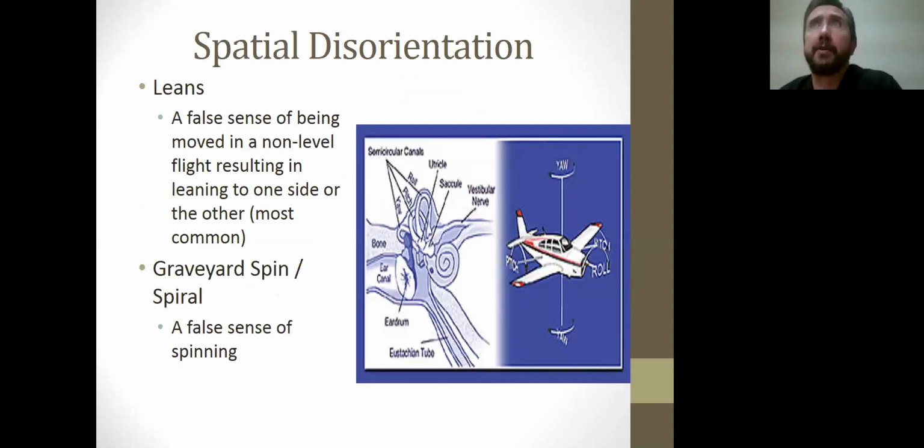Specifically, disorientation on that aspect is spatial disorientation. Basically, this occurs in the vestibular canal and the semicircular canal in the ear, okay? The most severe vestibular illusion occurs when the semicircular canal fluid flows in two planes of rotation simultaneously.